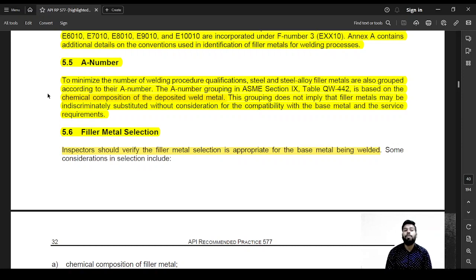This means you cannot directly change the material to a similar F number, provided that you have understood that the material will be compatible, it is going to have a good amount of weldability with the material that you are welding. If it's so, then you can substitute it.